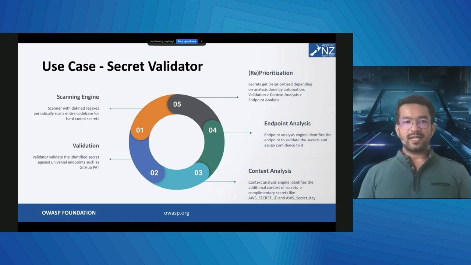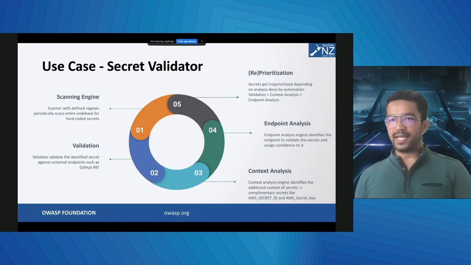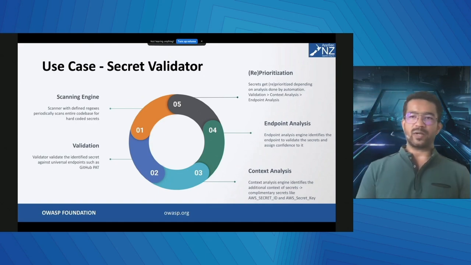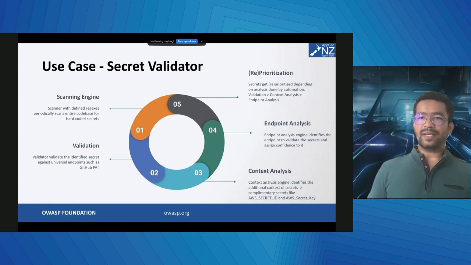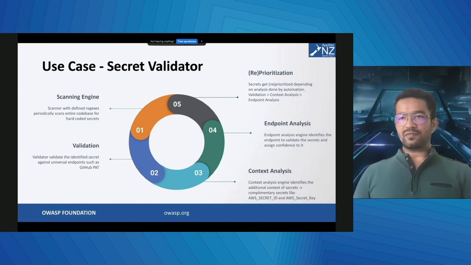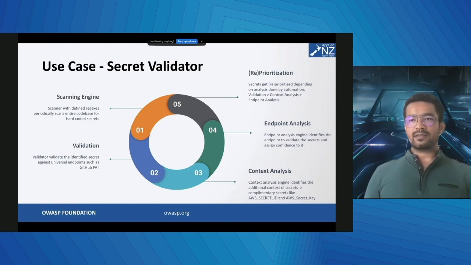The definition of secret is wide in this case. It could be a username and password, an API token, an SSH private key, and so forth. Basically, any piece of string which provides some level of access to a target environment is what we defined as a secret.